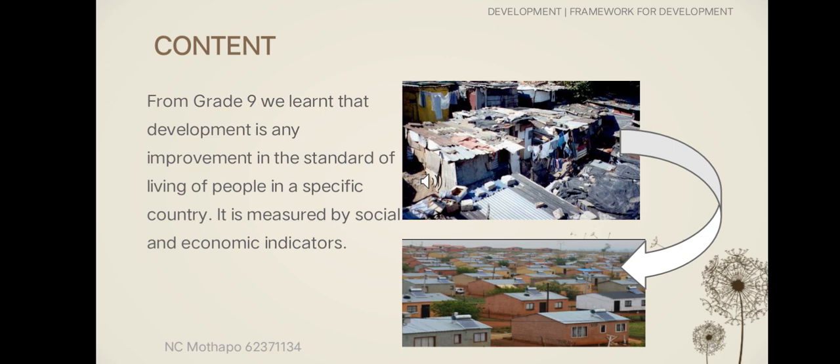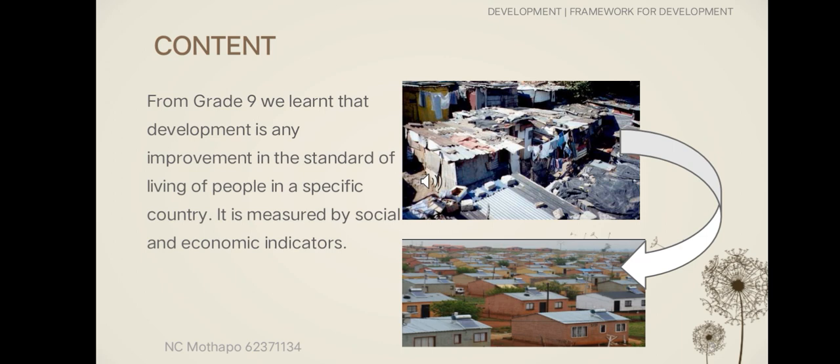If you can check on the slides, I've provided two figures, which had two pictures that showed two different kinds of settlements. The first one is a squatter camp. It's what we call a squatter camp in South Africa. It is basically a lot of shacks built close to each other where hundreds and hundreds of people live in these poor conditions. The next picture is what we call low cost housing, also known as RDP housing.